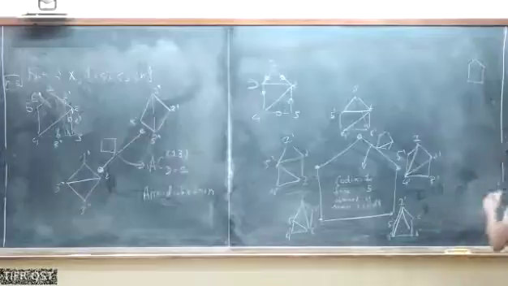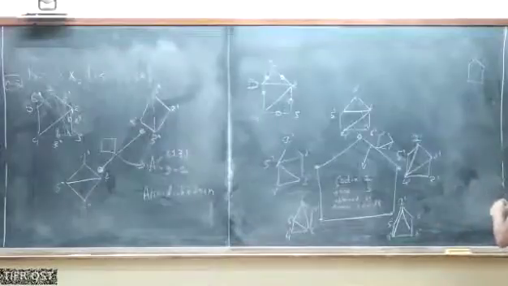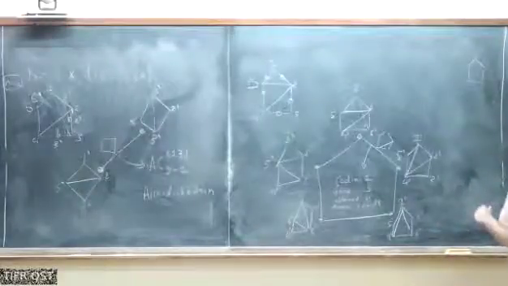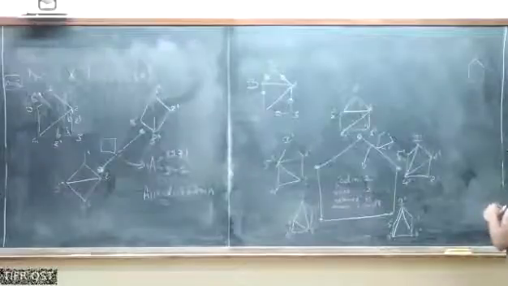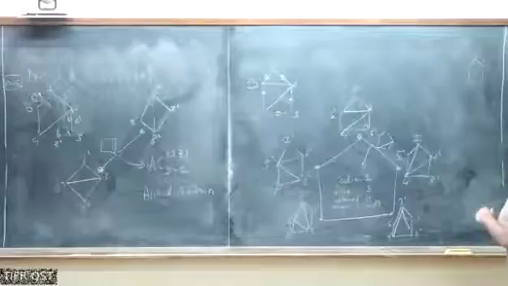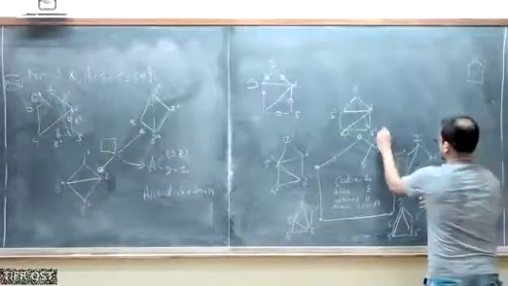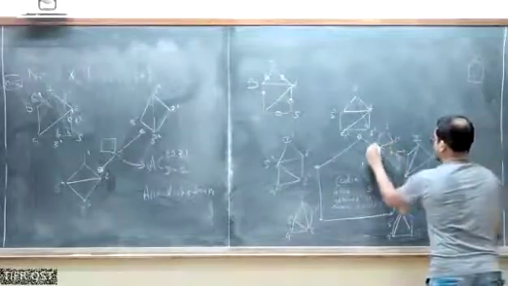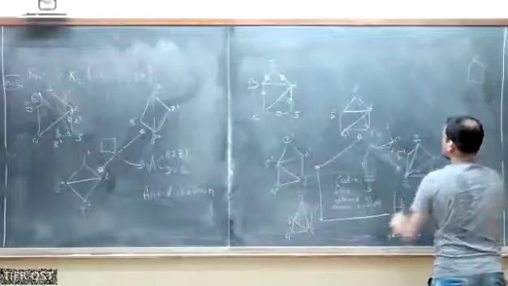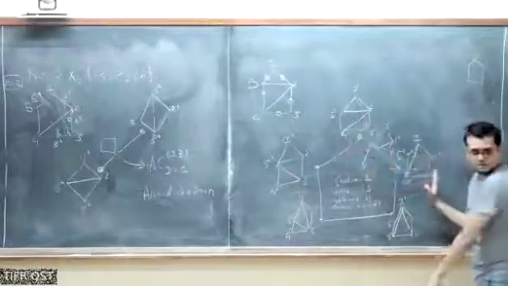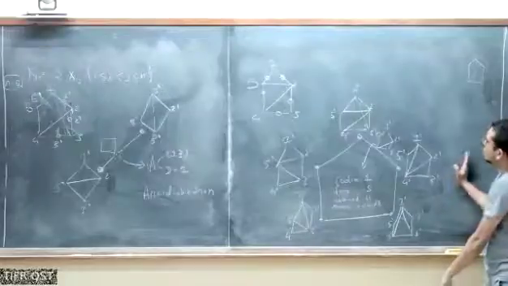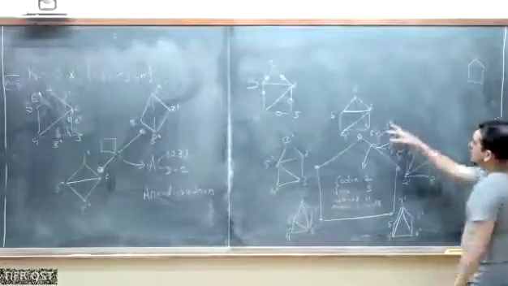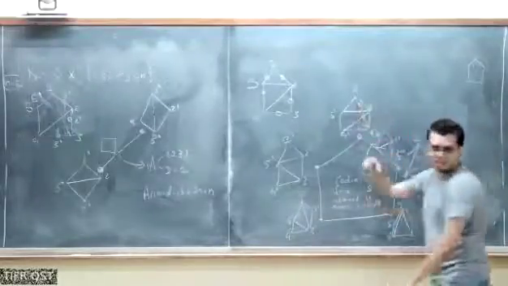That's why you have to have a common point for these two chords. Why can't you have 1' 3'? It can't intersect this. You always have 2' 5' and 2' 4'. Why don't you have 2' 5' and 1' 3'? Oh, that's not a triangulation, right?